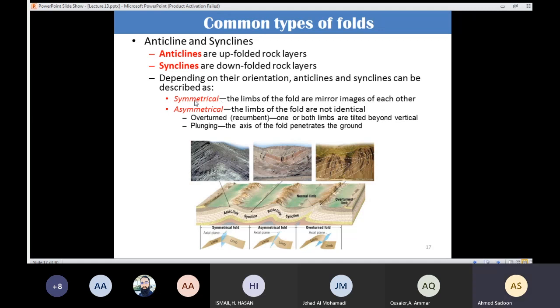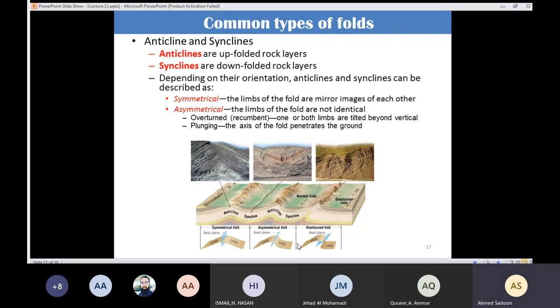The asymmetrical also could be divided into two types. We have overturned and we have plunging. In the overturned case, we're going to have one or both limbs tilted beyond vertical, like this one. If this one is a vertical one, we are going to have overturn.